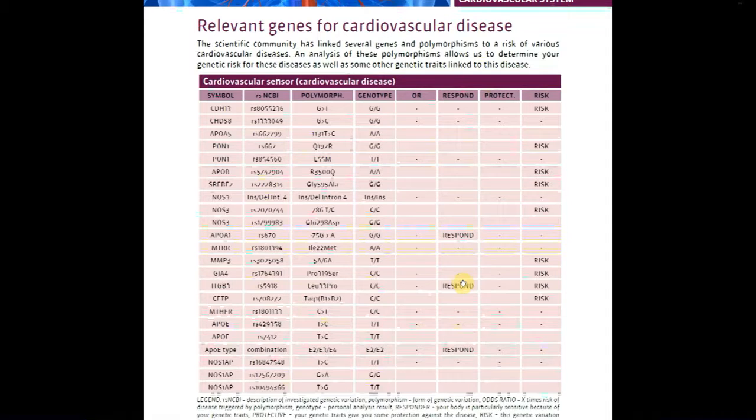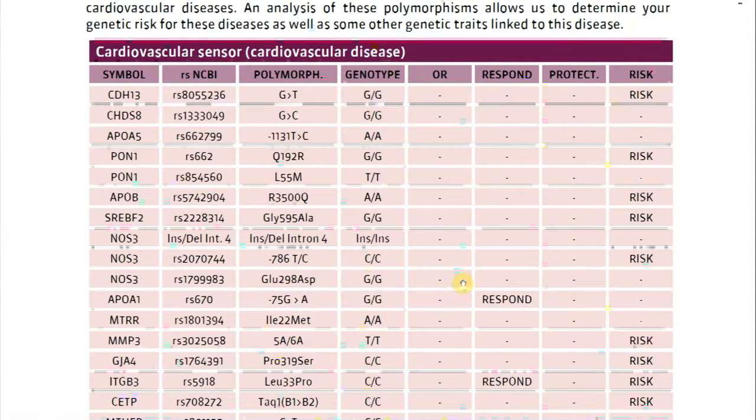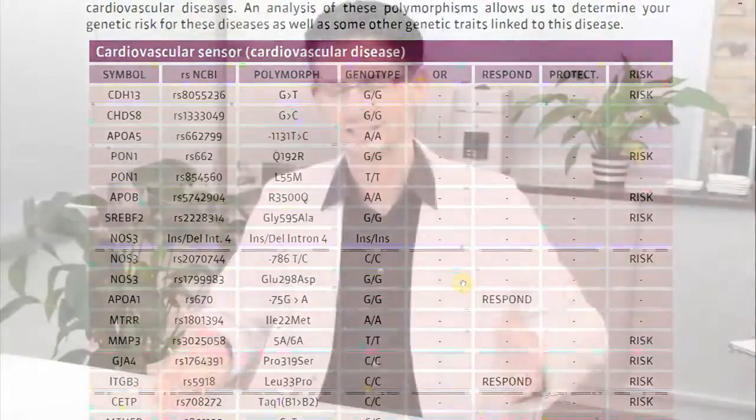All right, the symbol here tells you which gene it is. So that's the ApoE gene, that's the NOS3 gene, and so on. And this, I'm going to make it a bit bigger. This is the catalog number for the genetic variation. When you look at two genes, they're virtually identical from one person to the next. There are only small letter changes from one person to the next that we know of that are common.